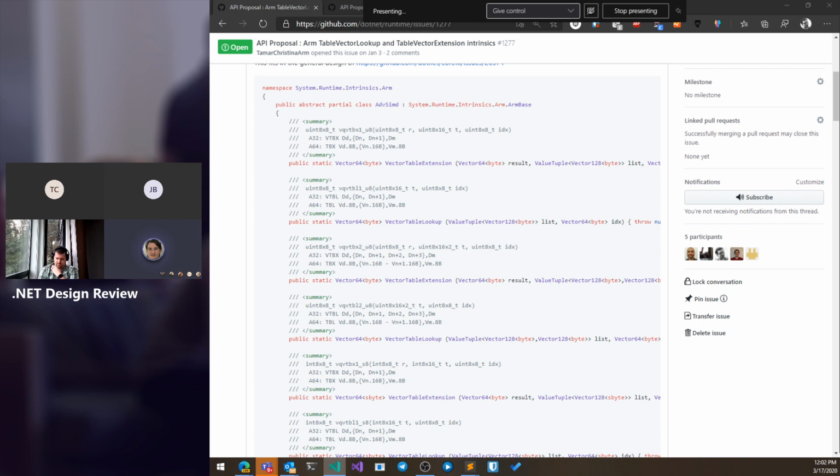So there's no fused subtract rounded halving. Did we miss that, or did we just not have this one? It doesn't exist.